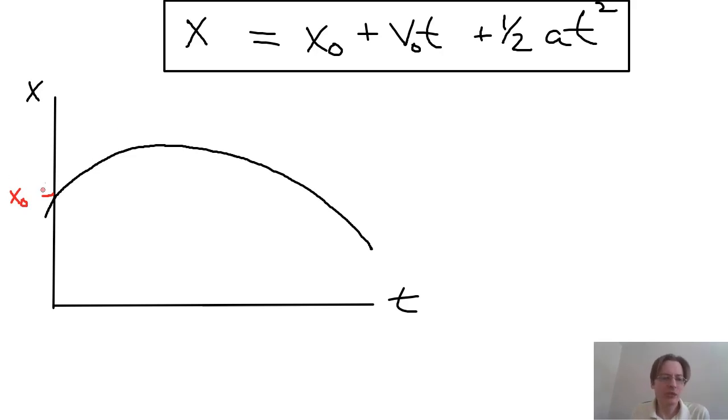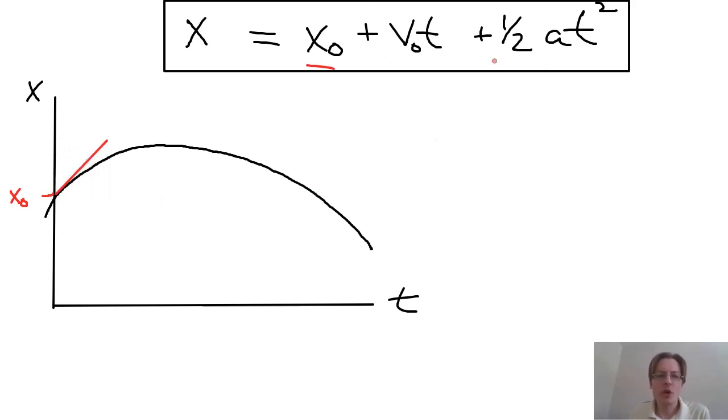So it's a rocket starting from the position x naught, and it has some initial velocity. So here's the initial position. V naught indicates the initial velocity. That is the initial slope of the position graph. So at t equals 0, it starts with some velocity, and that's the slope that it's starting with at the initial moment, right there.